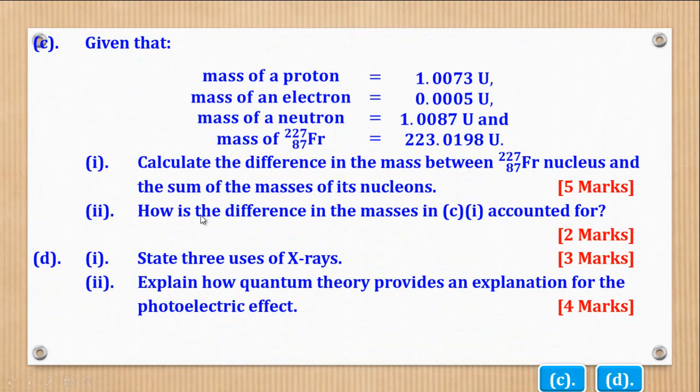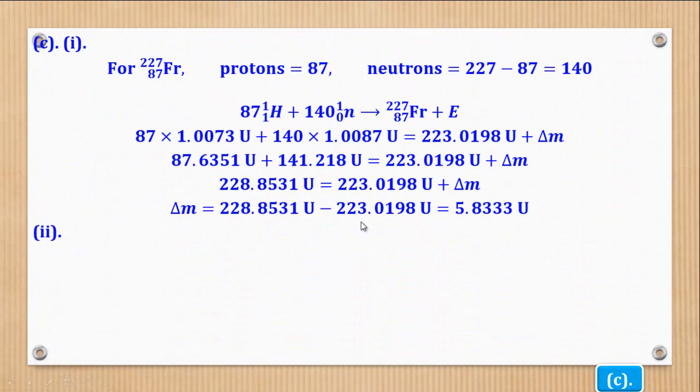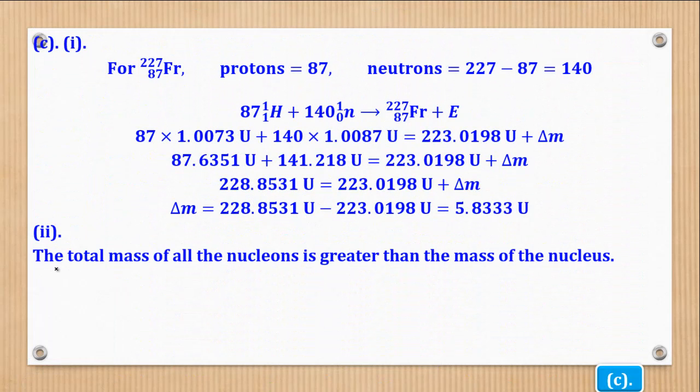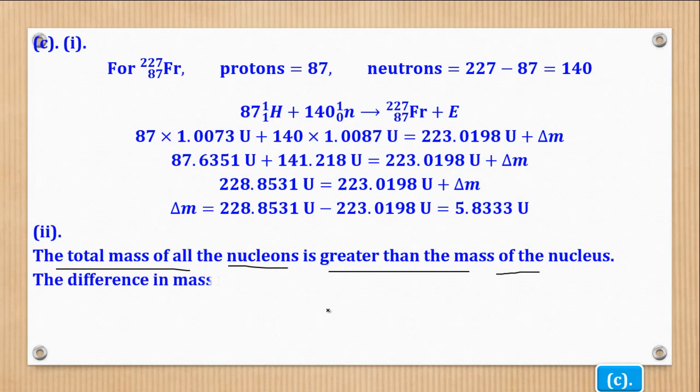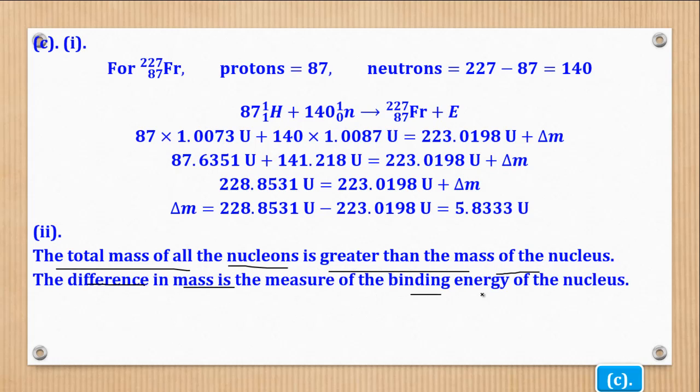Then B, how is the difference in the masses accounted for? Why is there a difference in the masses? So the total mass of all nucleons is greater than the mass of the nucleus. Therefore, the difference in mass is the measure of the binding energy of the nucleus.